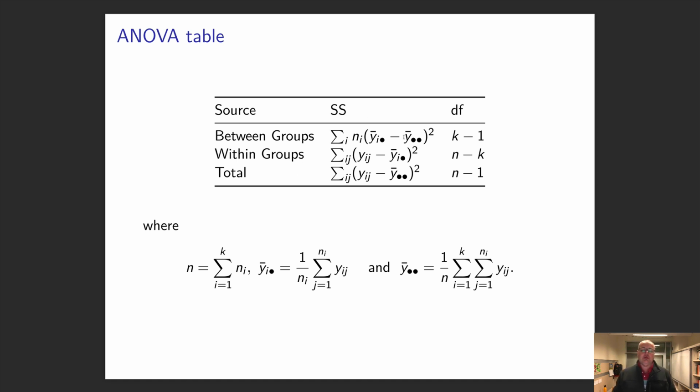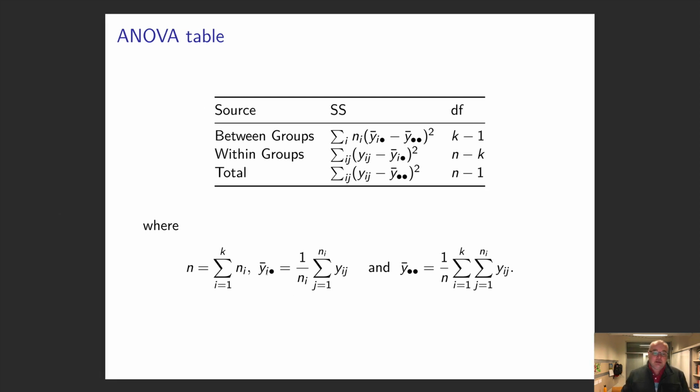So what is the between groups? It's saying let's look at the distance between the sample mean of each group and the overall mean. To remind you of the notation, y-bar dot dot: the dots tell you what I sum over, and the bar tells me it's a sample mean, so it's 1 over n times the summation of the values. The dot says I've summed over the first subscript, the i, and over the second one.